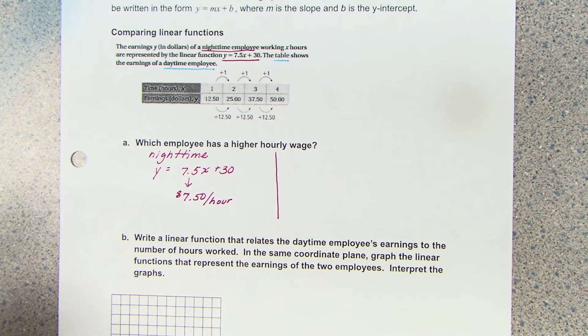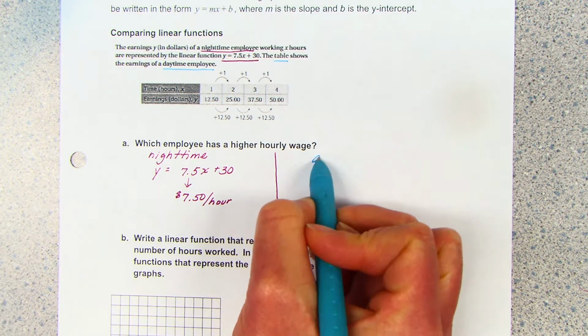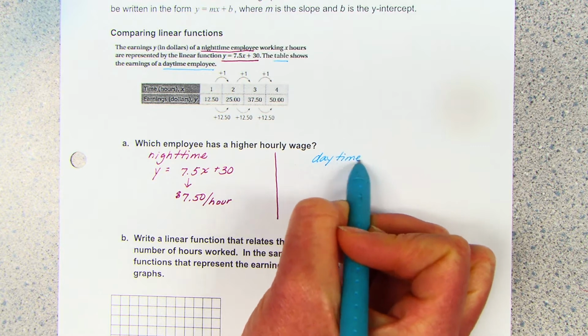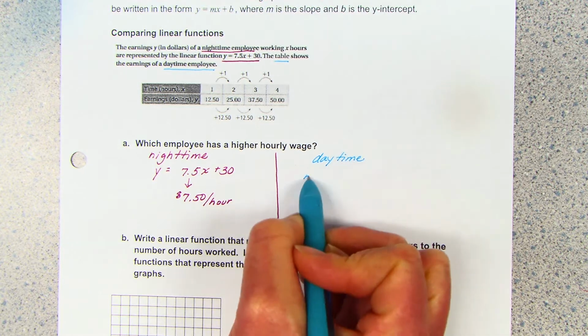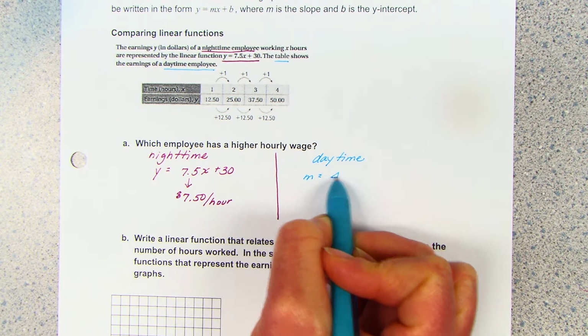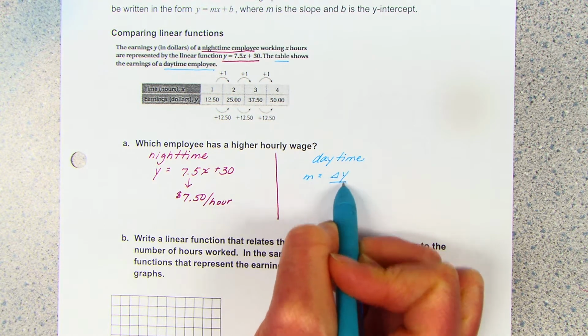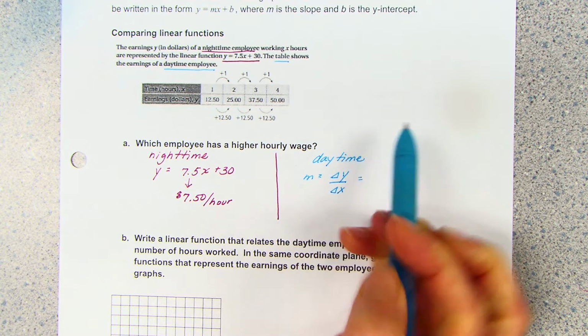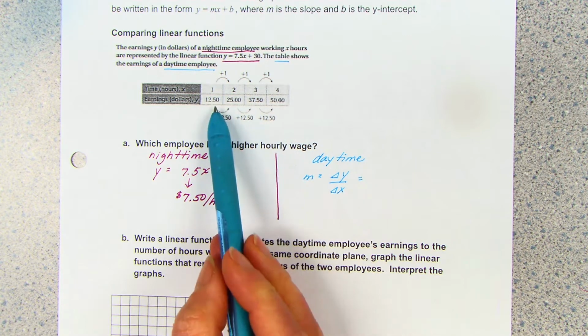Then we'll contrast that with the daytime employee. So we can find that slope by finding the change in the y over the change in the x. And the book so handily did that for us.